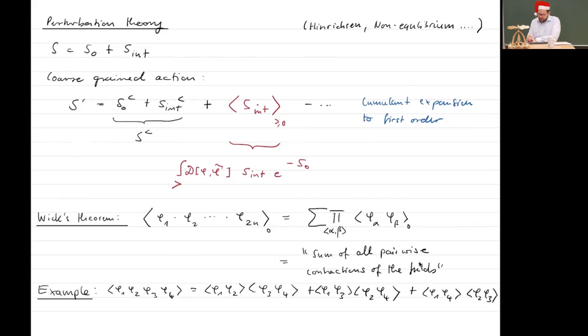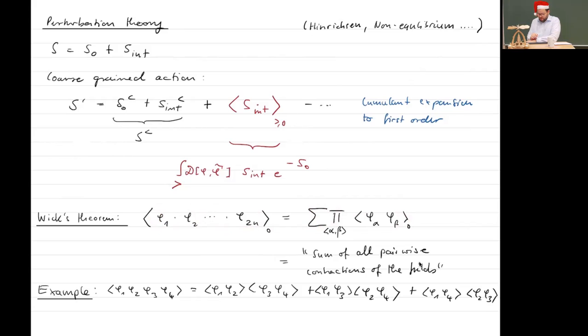That means that we look at all pairs of the things that we have on the left-hand side, put them together into groups of 2, average them, and then multiply and sum over all possible ways of how you can partition this product into groups of 2s.